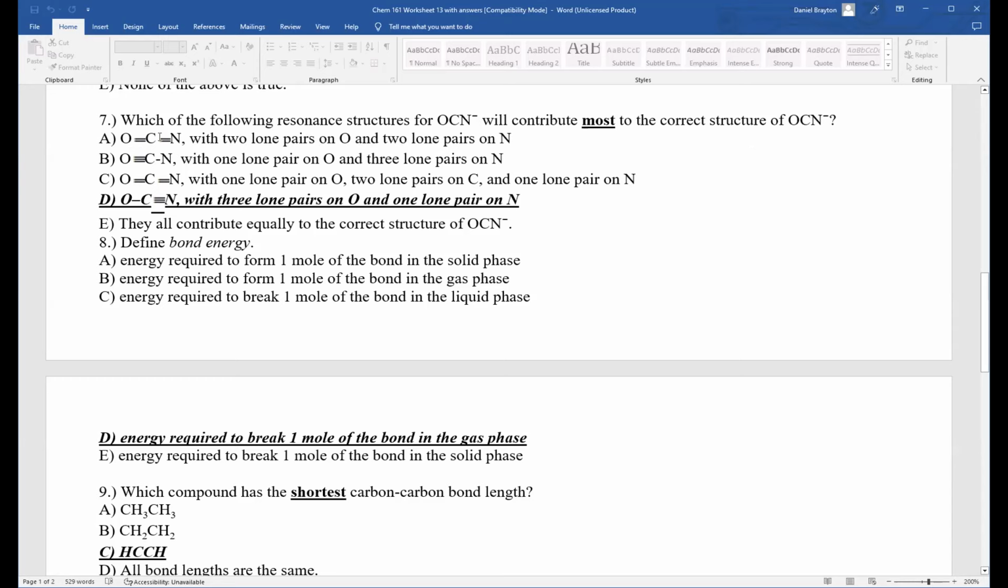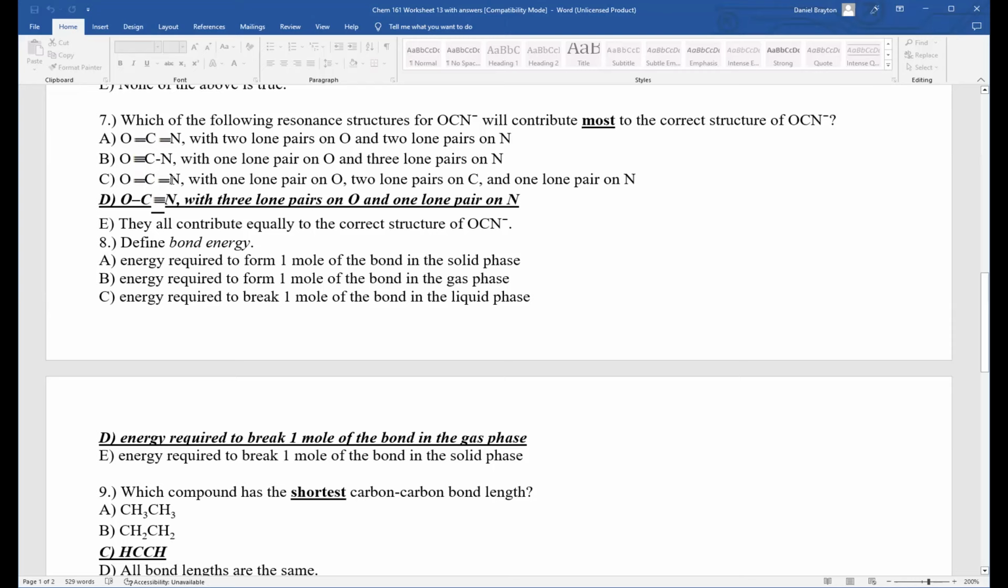They're trying to show it here with the equal double bonds. But that doesn't seem quite as happy like we saw it, right? Then a triple bond between oxygen and carbon with 1 single bond between carbon and nitrogen, that doesn't make any sense. Nitrogen never has 3 lone pairs on it. It rarely has 2 lone pairs on it anyway.